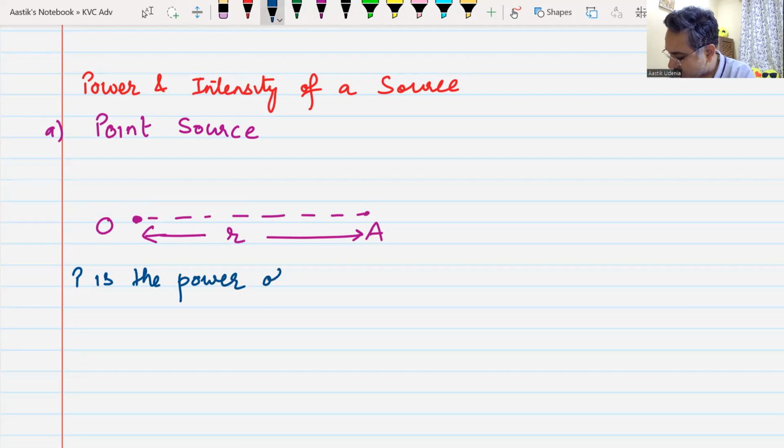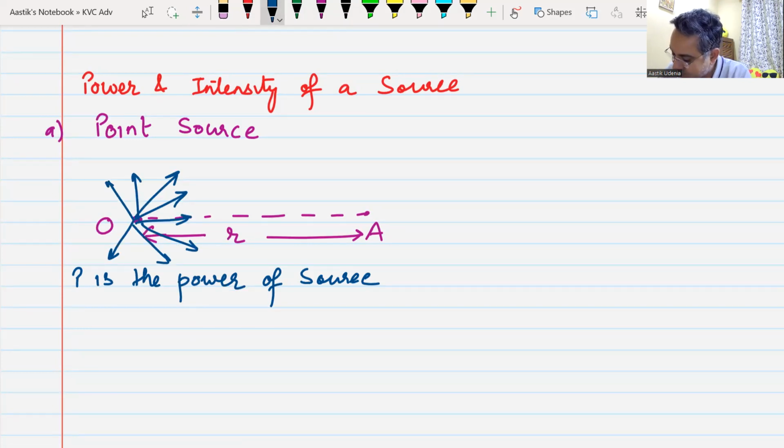If P is the power of this source, you must understand that this point source is going to emit power in all directions. It will emit energy in all directions, in the form of a sphere. This is just like the gravitational field due to a point mass, which is always going everywhere. Yes or no?